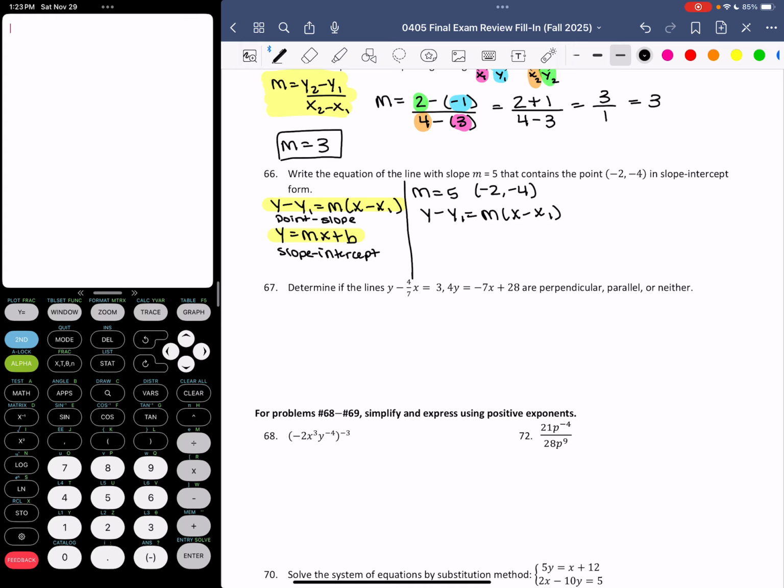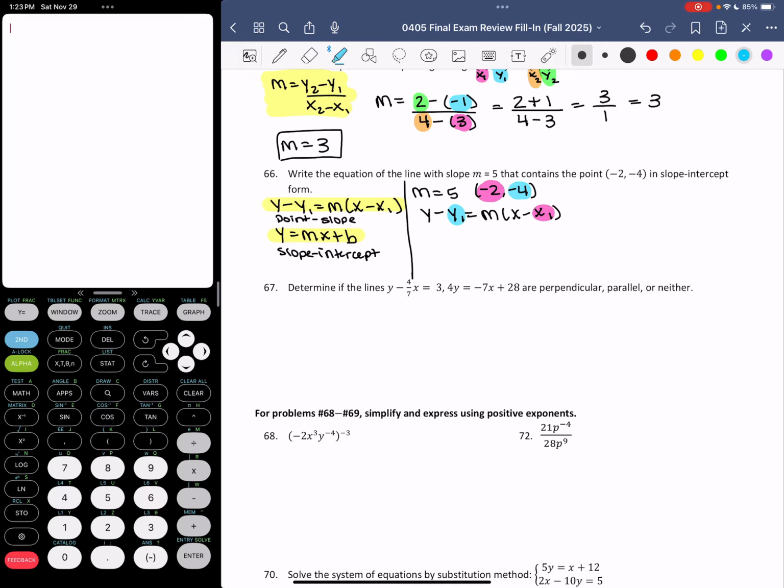And I'm going to color code some things here. Okay, so we used this on x1 right here, and then we used this on y1.